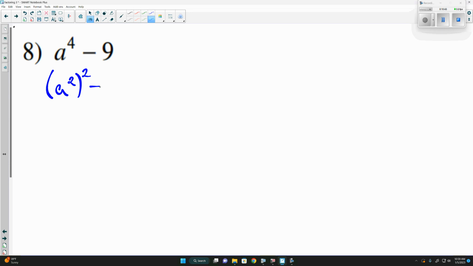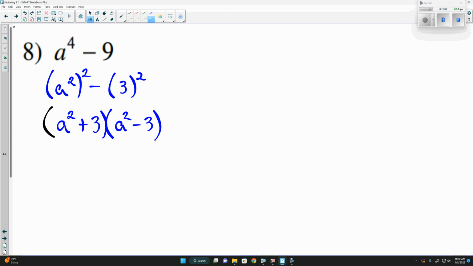It is a perfect square. 9 is 3 squared. So we can rewrite this as a squared plus 3 times a squared minus 3. Even though it's to the fourth power, it still works the exact same. Questions on this so far?